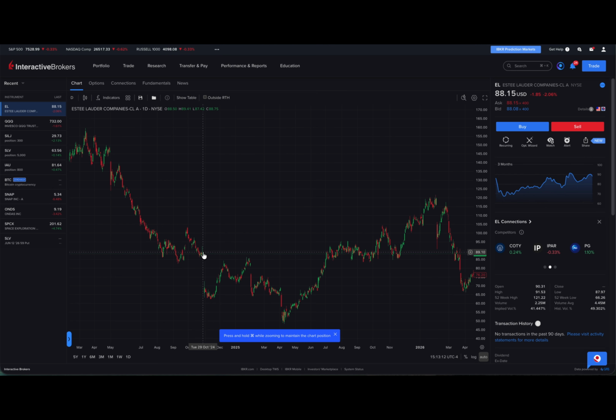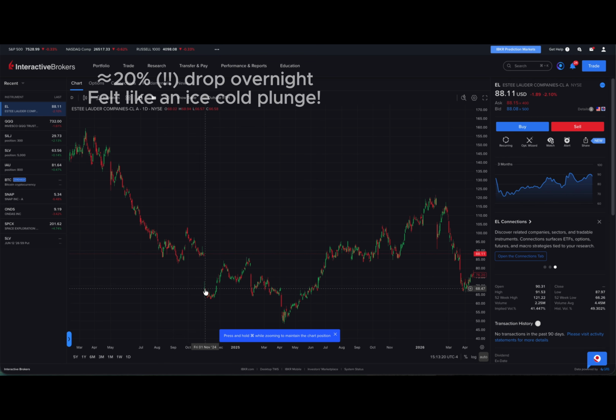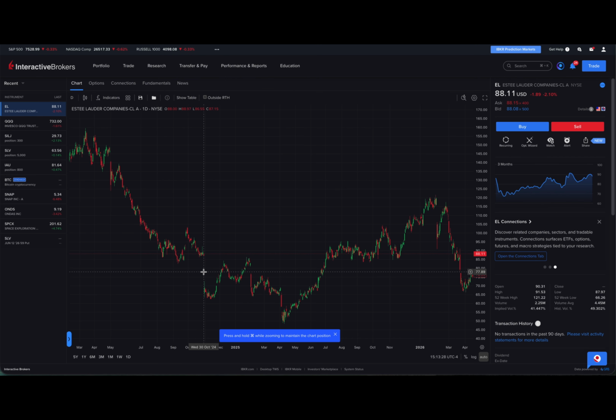At the time, I was selling puts with an 82 strike price. The stock gapped to around 68, 67, and the puts that I sold were exercised right the next day. Not actually the same day, because I was forced to buy the shares the very next day.